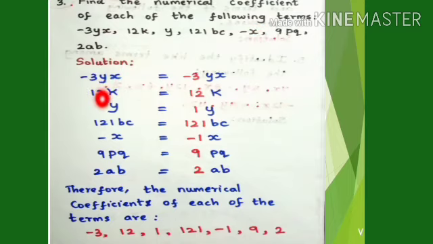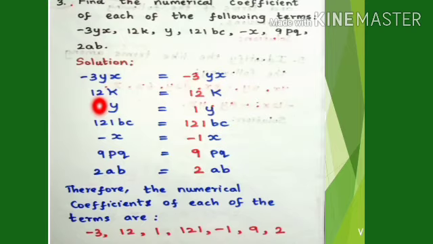The constant value in front of the variable is known as the numerical coefficient of each term. So here in the first term, minus 3 is a constant in front of the product of variables yx. So minus 3 is the numerical coefficient of this term.